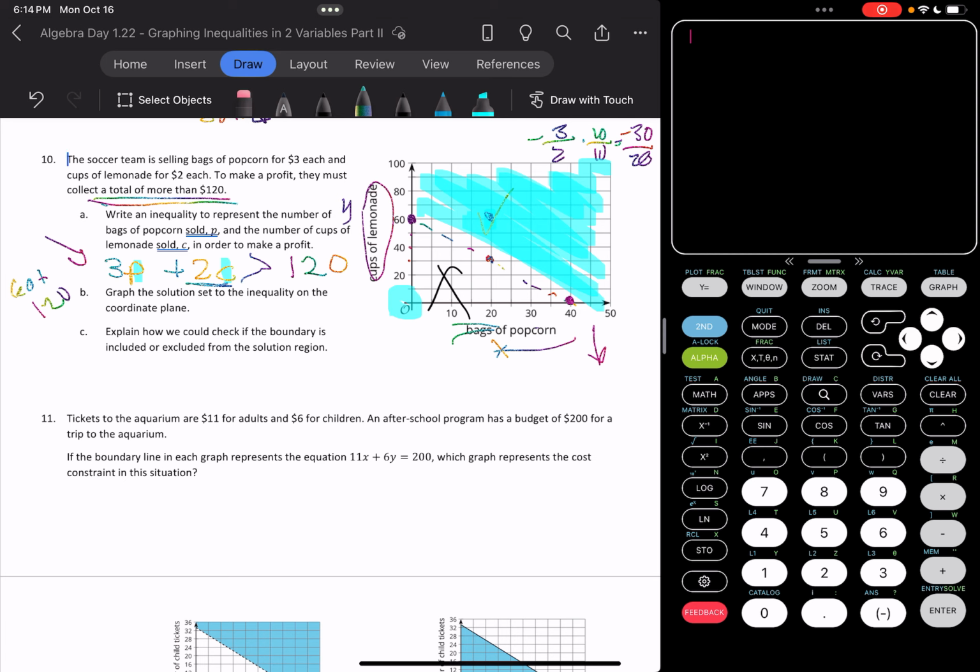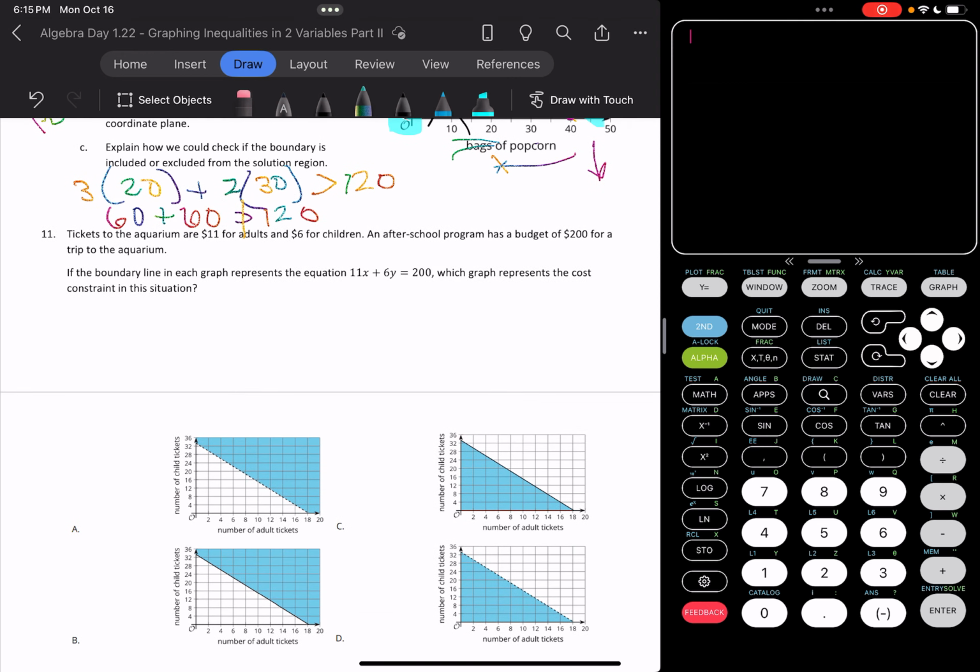If we were to plug that in, 3 times 20 plus 2 times, was it 30, greater than 120. We have 60 plus 60 is greater than 120. And that is not true. 60 plus 60 equals 120. It is not greater than 120. So the points on the line are not solutions.